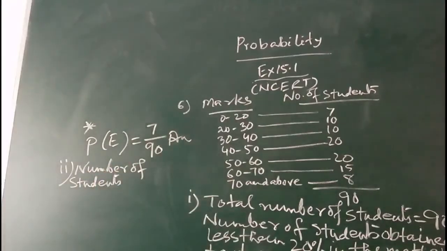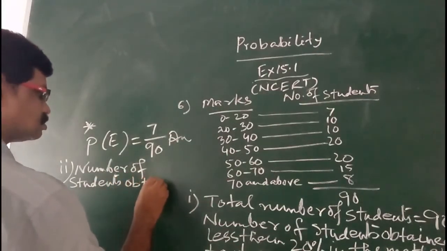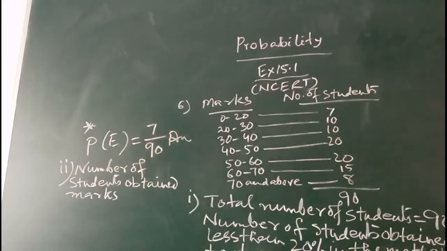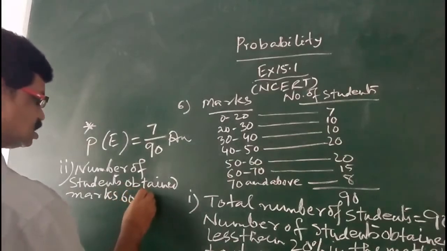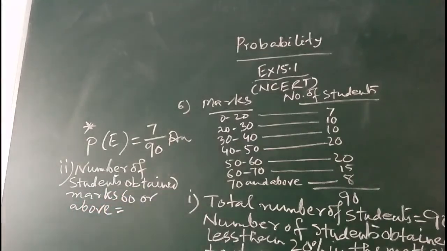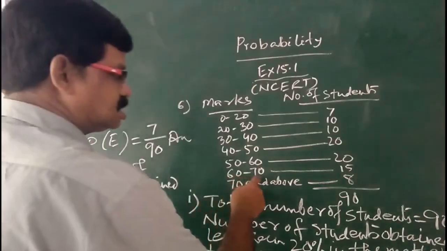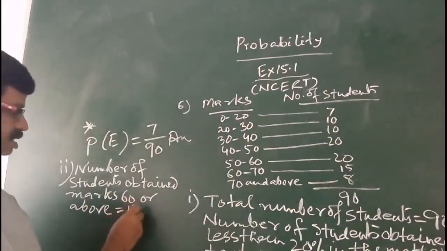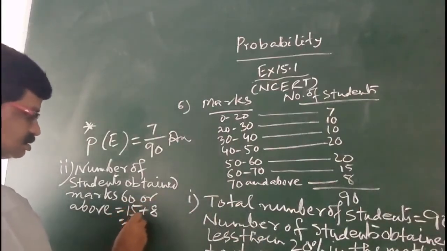This is 60 to 70, 15, 70 and above 8. So 15 plus 8, 23.